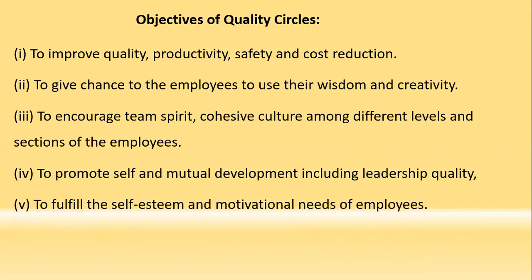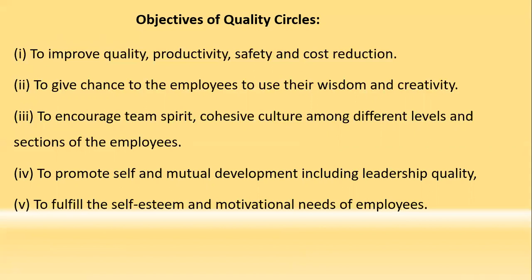And we have seen these things. What are self-esteem needs? What are motivational needs? We have seen Maslow's theory of motivation. Self-esteem needs are, for example, promotions, wage hikes, giving training, or giving a scope to use their creativity.